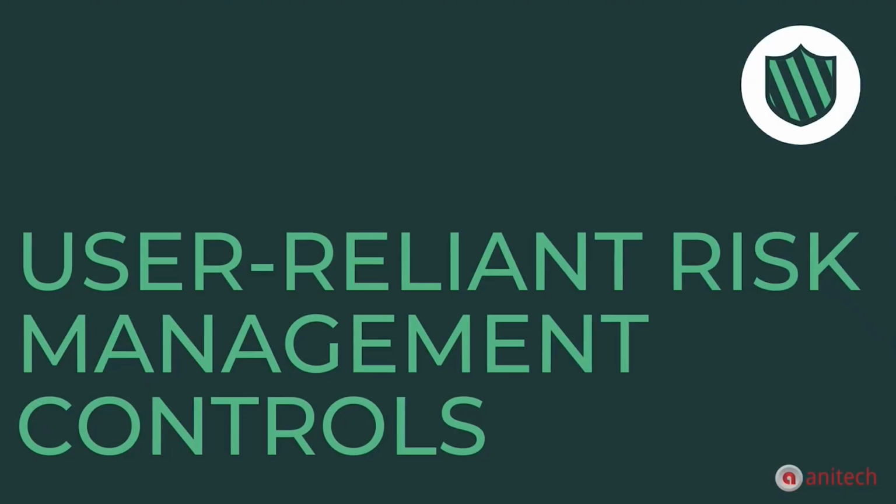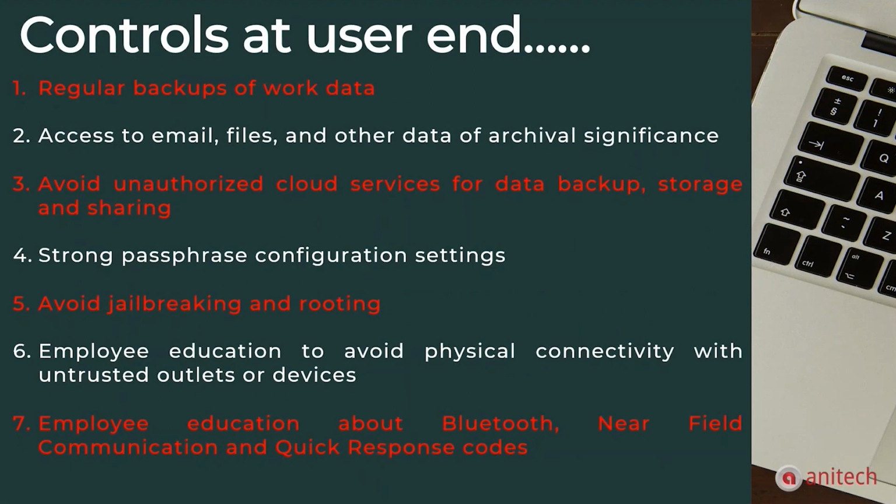Now, risk management controls. Have a look. These are some points that every user needs to keep in mind. Regular backup of work data, very important. Access of emails, files, and data. Then avoid unauthorized cloud services for data backup, storage, and sharing, like Prashant had already explained in terms of Google Cloud and iCloud.